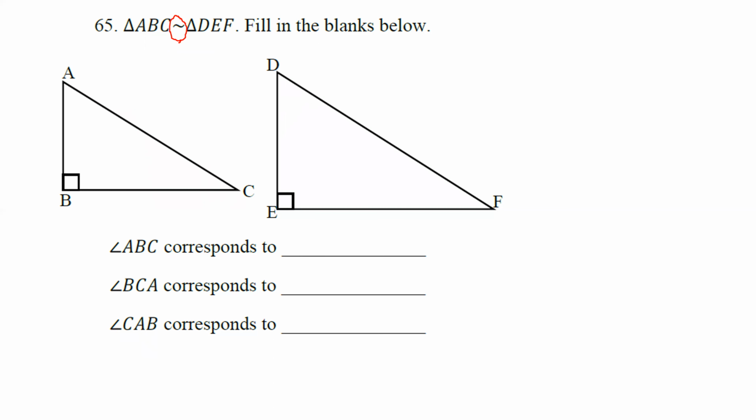And we should always use more than just the diagrams themselves to tell us this. The actual statement at the top tells us which order they correspond in. So ABC is right in order there. DEF, same order. Then we have BCA. So looking at that statement at the top, BCA, going in the same order. EFD.